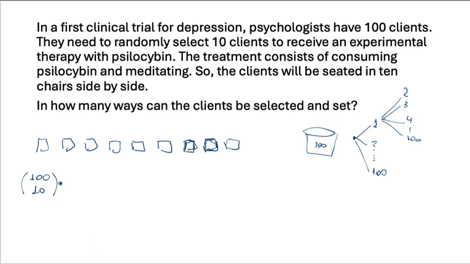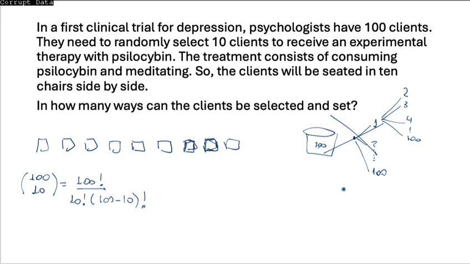And we can work out the formula, and the formula is 100 factorial over 10 factorial times (100 minus 10) factorial. Okay. All right. So I do the select. So this is not the way to go.